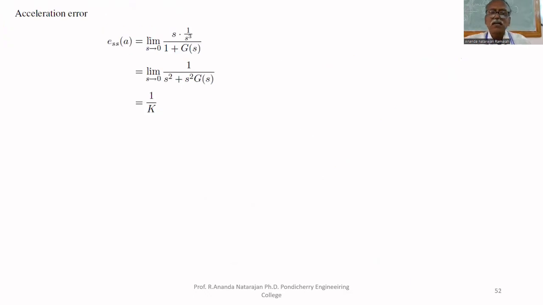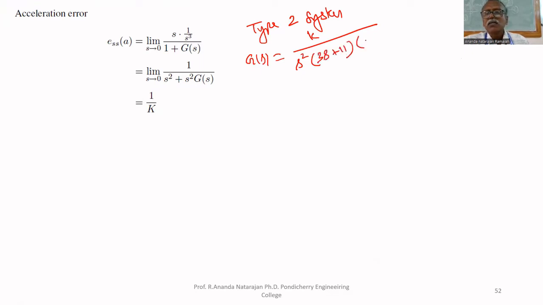Now the type 2 system. If you take a type 2 system, how does it look? G(s) equal to K upon s square (3s plus 1)(2s plus 1). It is an example of a type 2 system.